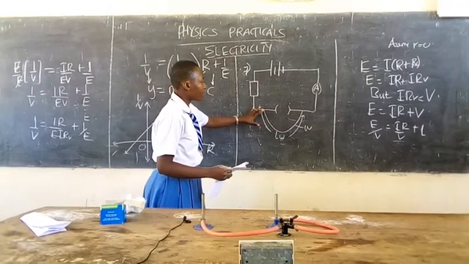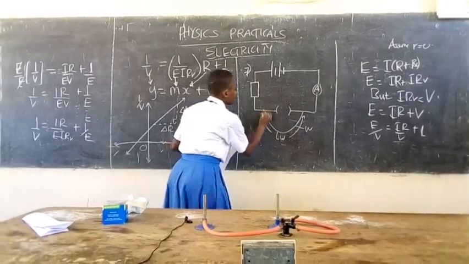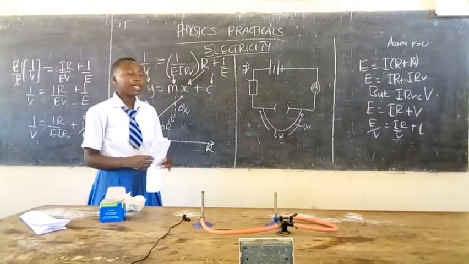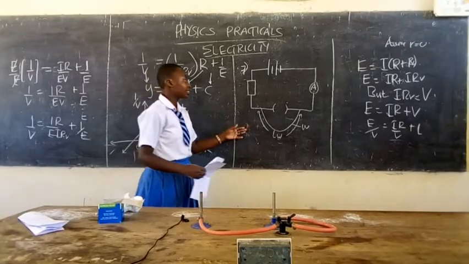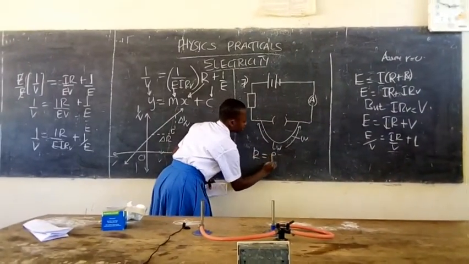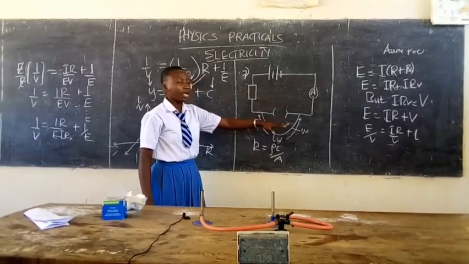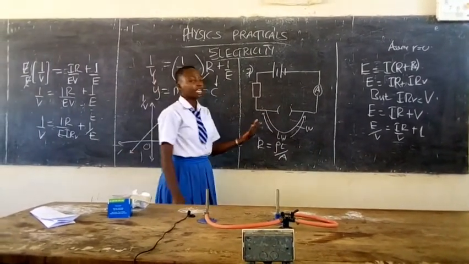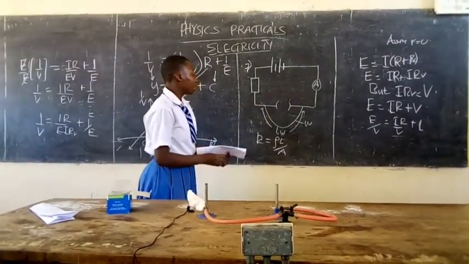Here we have wire W, which has a certain length. If you have the length of a wire, you can get its resistance, and hence its resistivity from the equation R equals resistivity L over A. As we know, A is constant. Each wire has a diameter, which we can get using a micrometer screw gauge. After getting the diameter, we get the area.